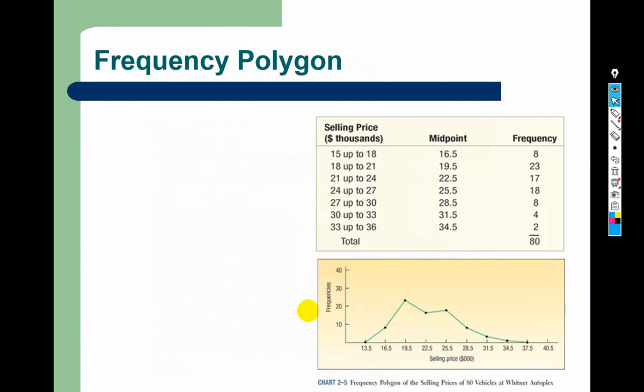So a polygon is the same as a histogram, but you have a straight line crossing the midpoints of the histogram.